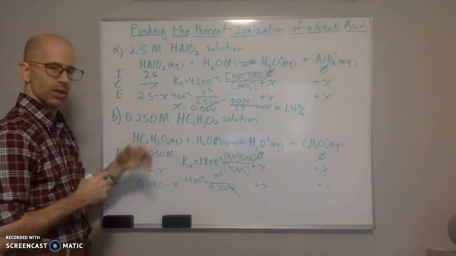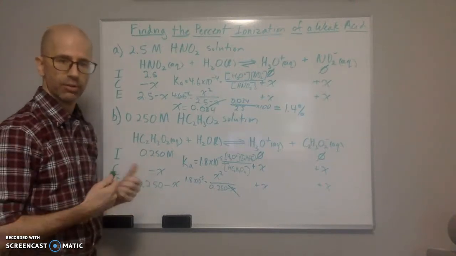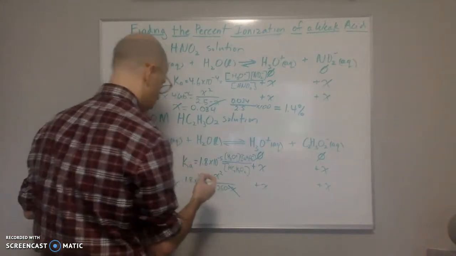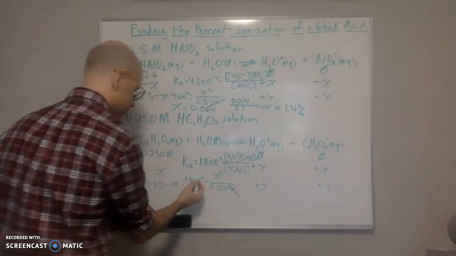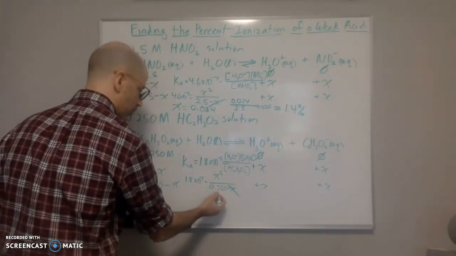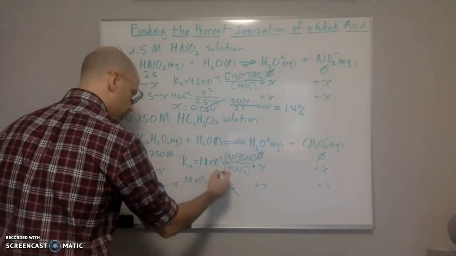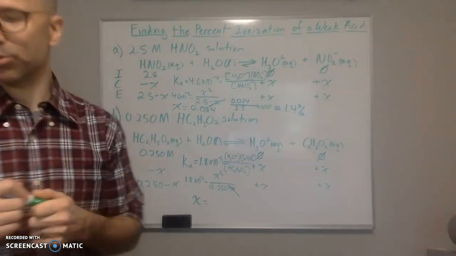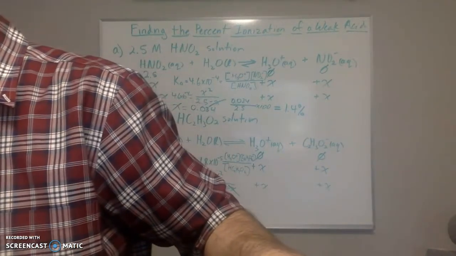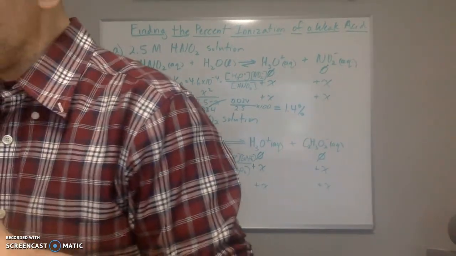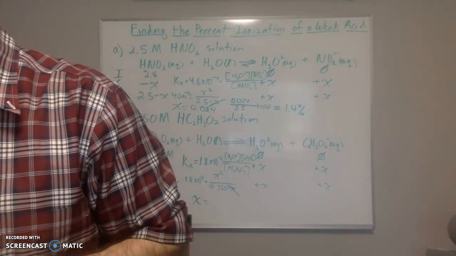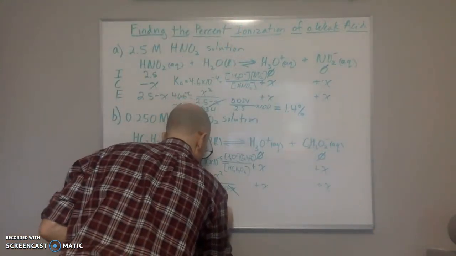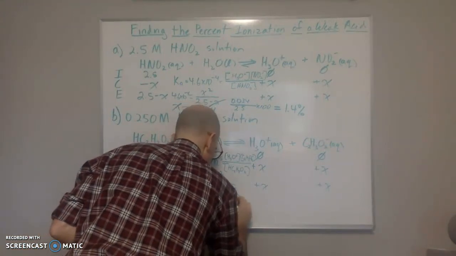Again, it's a difference of a factor of 10 to the 4, right? So that's a large difference. So we solve for x. Again, I multiply both sides by 0.250, square root both sides to get x. When we do that, we get x equal to 2.12 times 10 to the negative 3.